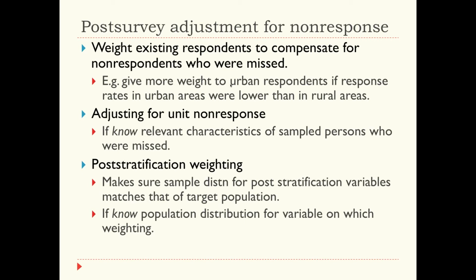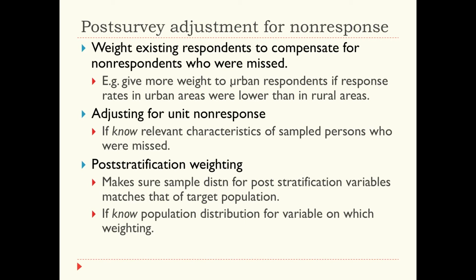If you have that, it's actually fairly simple to calculate those weights. To give the extreme, let's say a minority group was underrepresented by 50%. Let's say we know they're 20% of the population and somehow only 10% ended up in our sample. Essentially what you do is weight by the ratio of what should be in the sample to what appeared in the sample. So this would be 2 to 1.